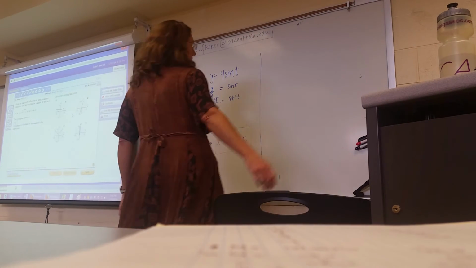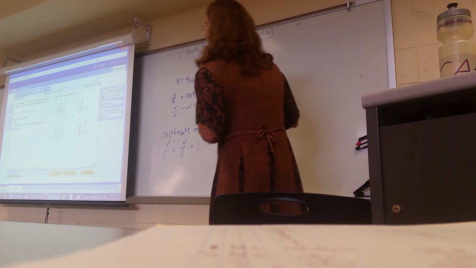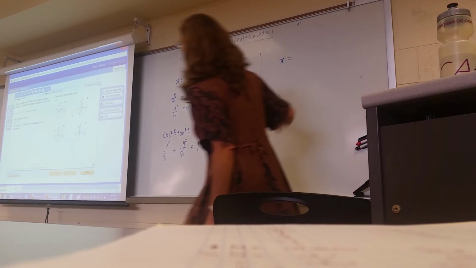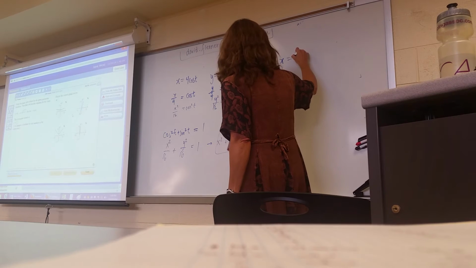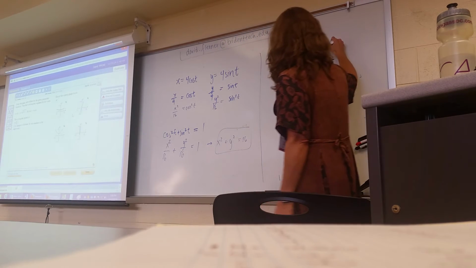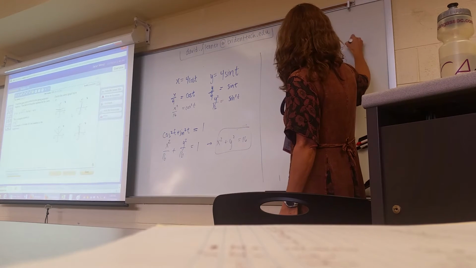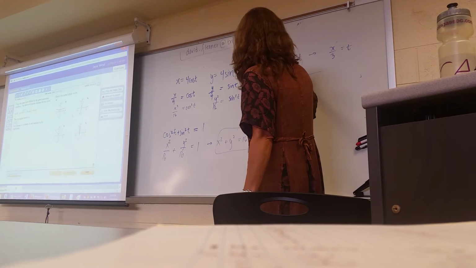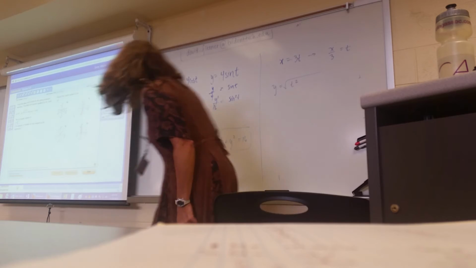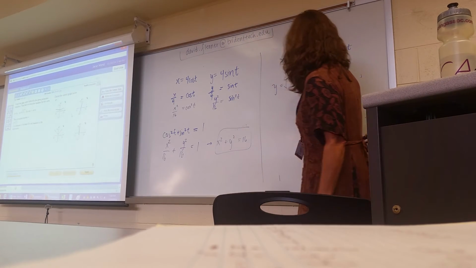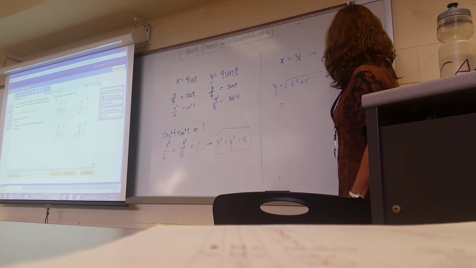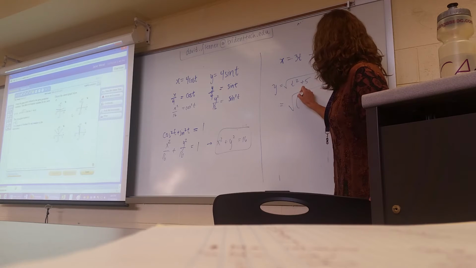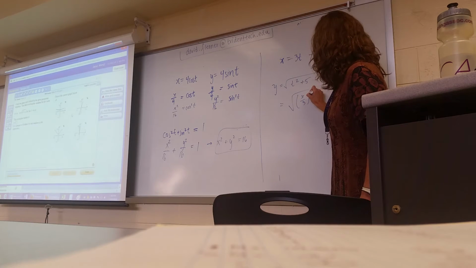Well, x is just 3t. So x over 3 is t. Y is the square root of t squared plus 5. So plug that in for t. So 3 squared.